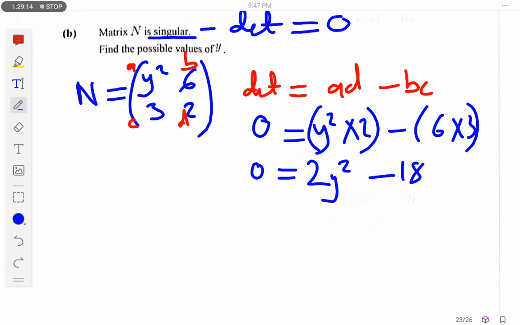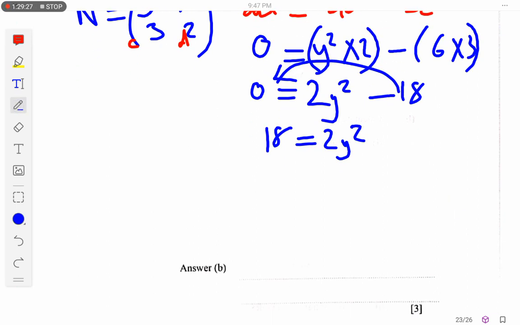Okay, like that. So I can take the 18 to the other side. So I'll have 18 is equal to 2y squared there. The 18 has gone here and changed sign and it becomes a plus. Now we can divide both sides by 2. This cancels, this cancels, and 2 into 18 is 9.